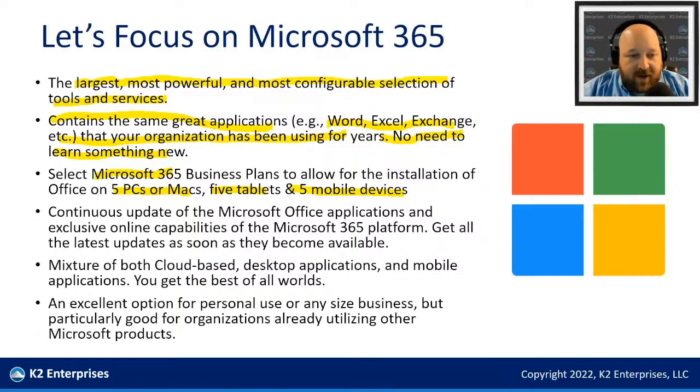Now with 365, it is in a continuous update. 365 gets updated constantly. And when you license 365, you're always going to get the latest and greatest. The latest version of Word, latest version of Excel, latest version of PowerPoint, so on and so forth. And I will also point out there are a number of exclusive capabilities that are only available to 365 subscribers.